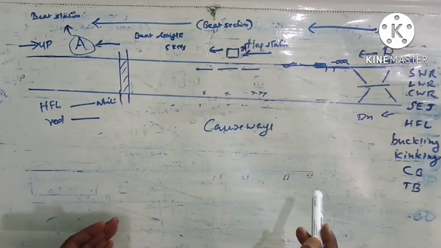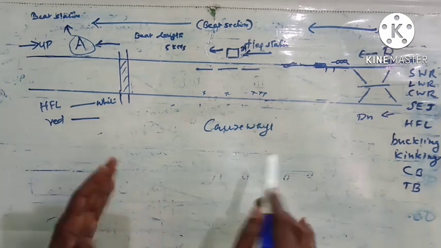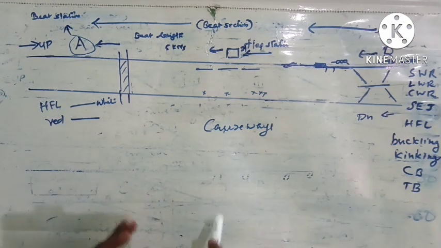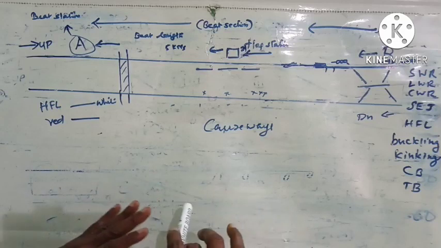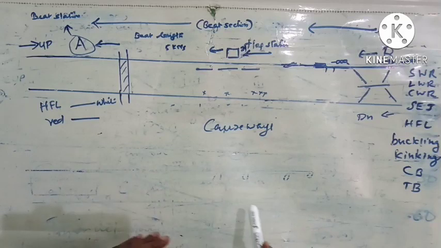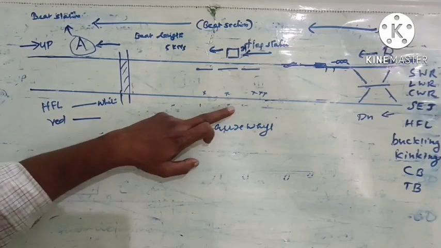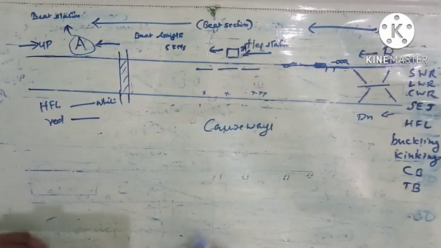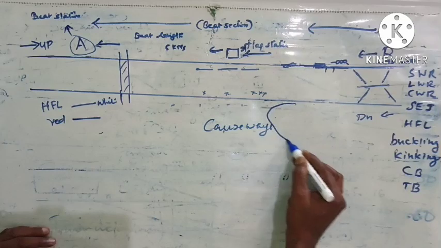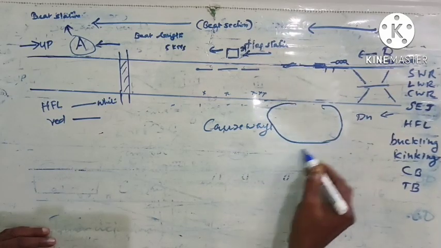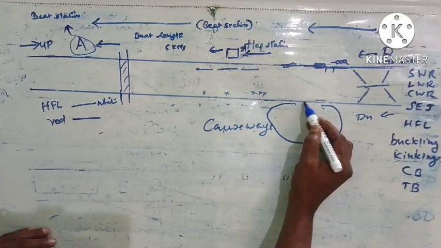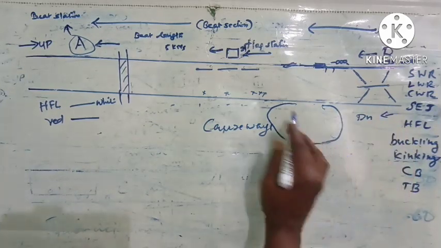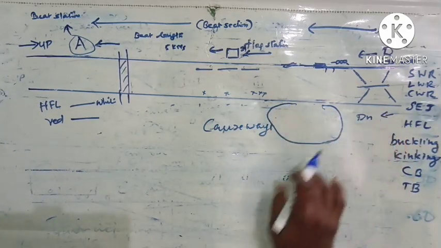So during heavy rainfall, water will fill this tank or waterlogged area, and it may threaten the safety of the railway track. Suppose here there is a big waterlogged area, and railway has built track on a raised earth bed.